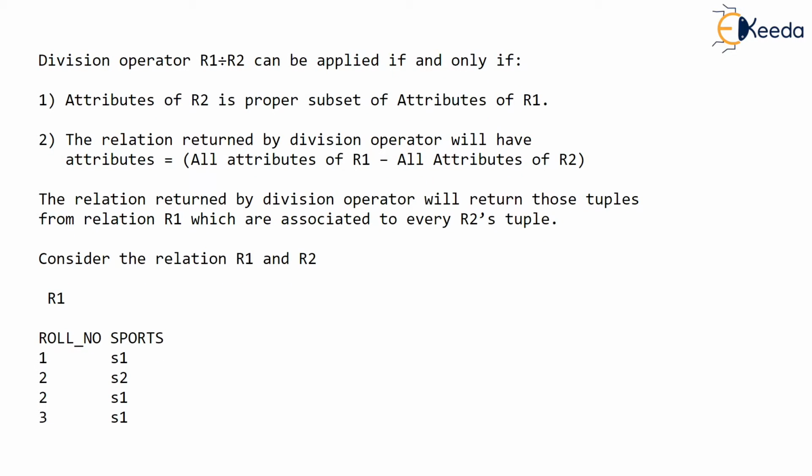Now the other thing, a very important point. What will be the result of R1 divides R2? The relation returned by the division operator will have all attributes of R1 minus all attributes of R2.